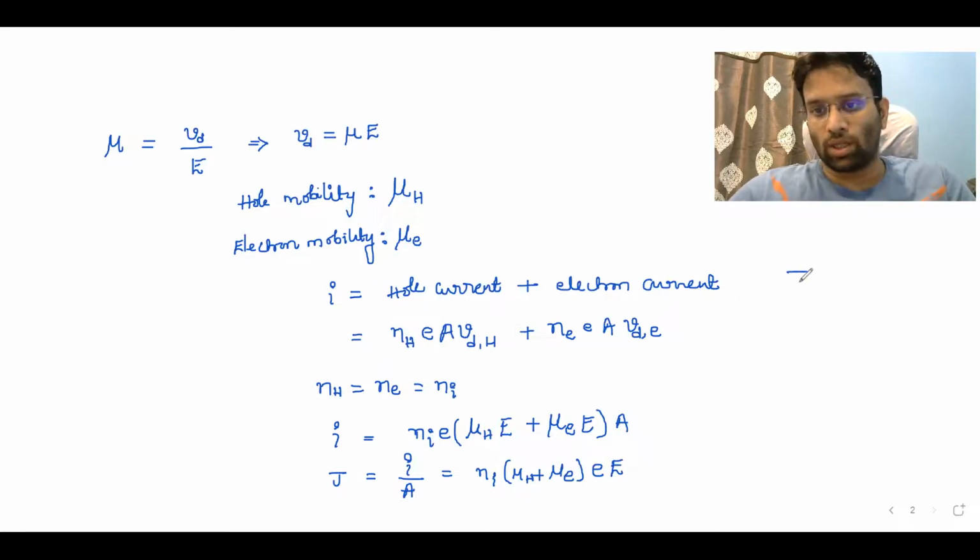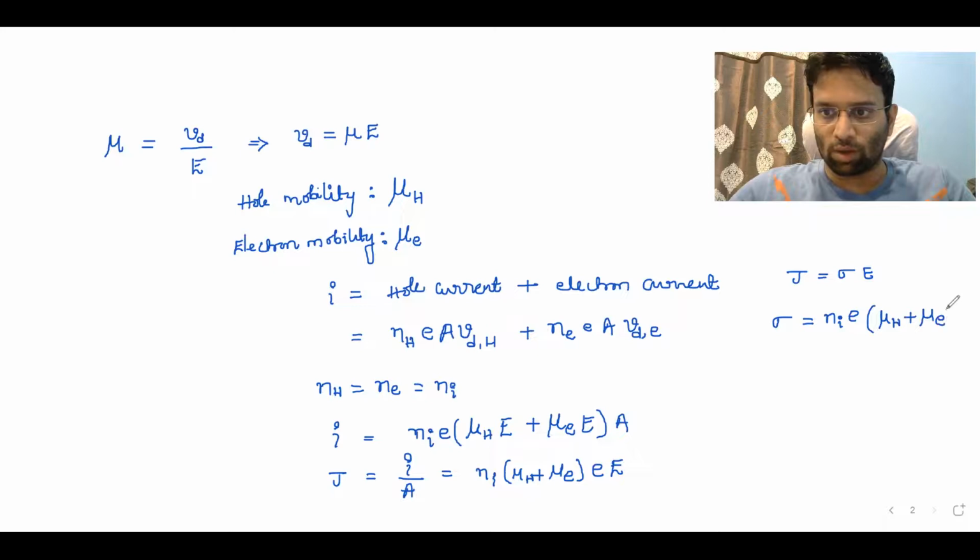Now we can compare this with sigma equal to J by E, that is Ohm's law. So our conductivity sigma is given by Ni into e times the mobility of holes plus the mobility of electrons. So the resistivity rho is 1 divided by Ni e times mu h plus mu e.